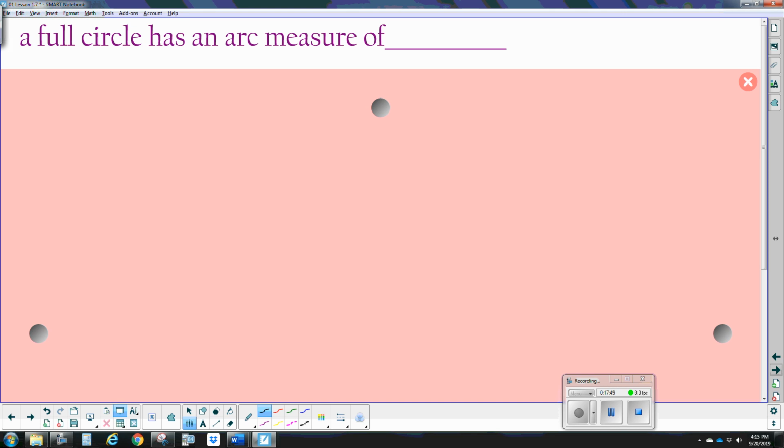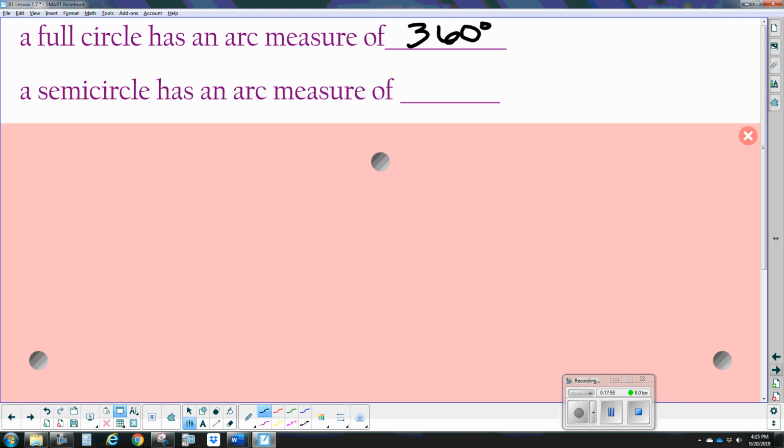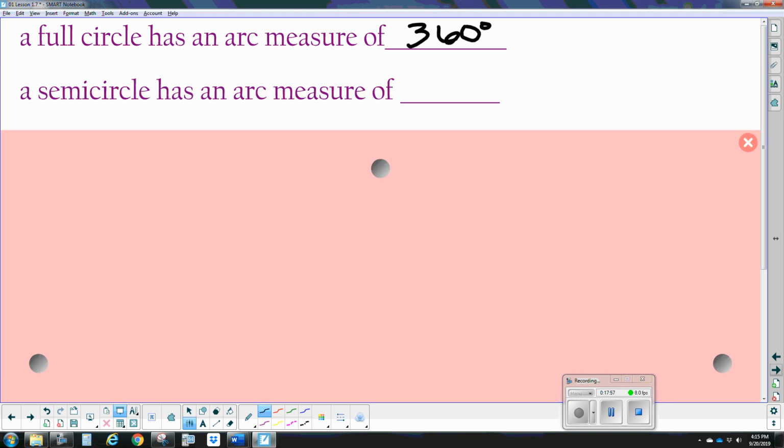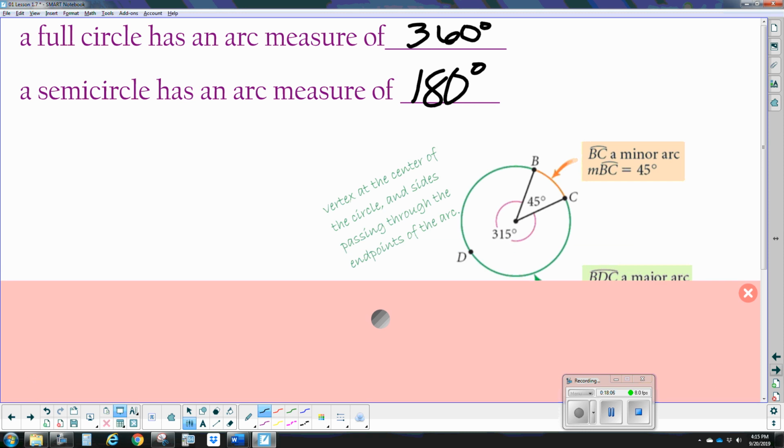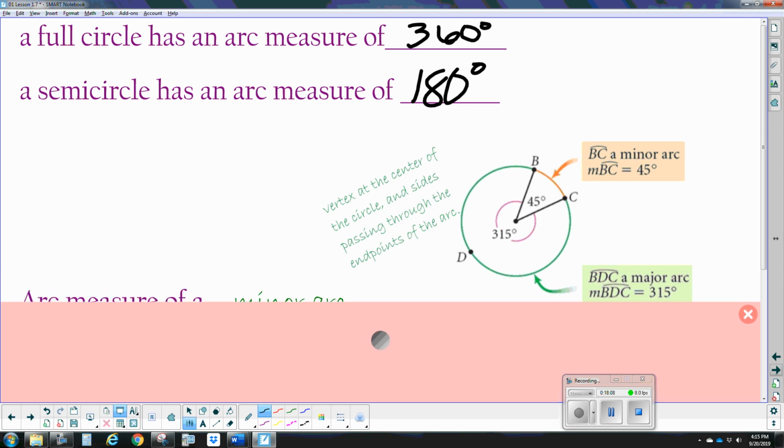So a full circle has an arc measure of 360 degrees. A semicircle has a measure of an arc that's half of a circle. So that's 180 degrees. And then you can see this diagram. This is right from your textbook.